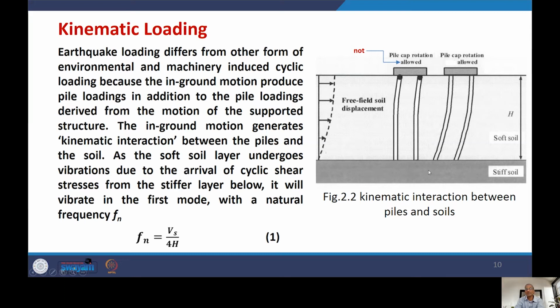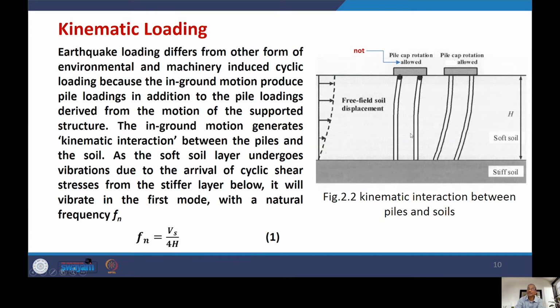It is assumed that this layer is fixed at the base while determining this natural frequency. Now, as was the case for inertial loading, for kinematic loading also we are considering two cases. One case when the pile cap is prevented from rotation, and another case when pile cap rotation is allowed.